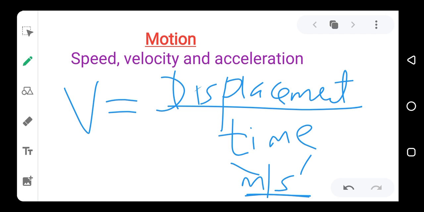That is the magnitude or the quantity of it. And we know the direction, maybe from north to south or from south to west. Because we have the magnitude and we have the direction, we say that velocity is a vector quantity. Any quantity that you know its magnitude and you also know its direction, we call that a vector quantity. Velocity is one of it.